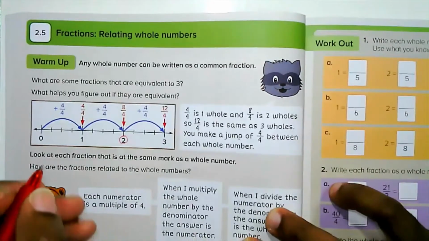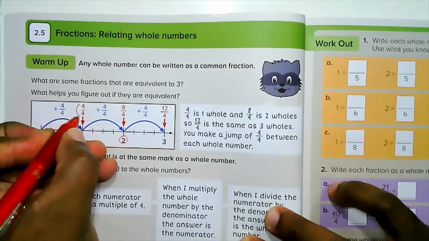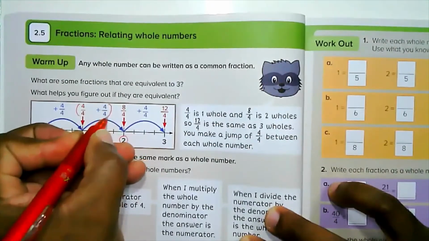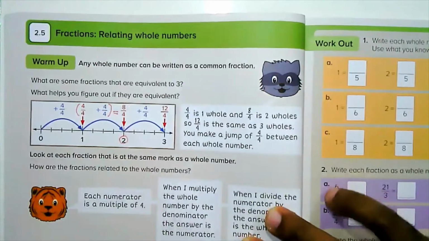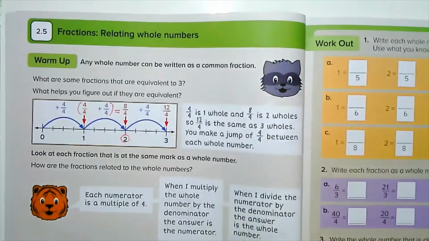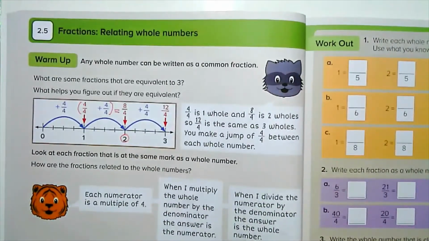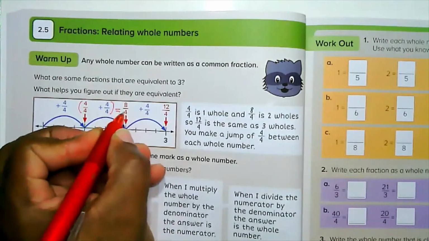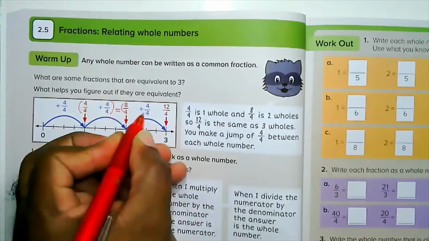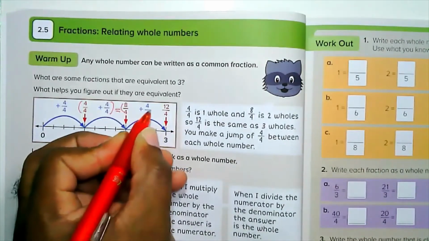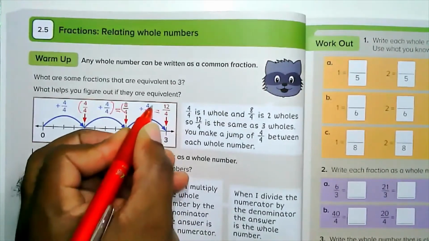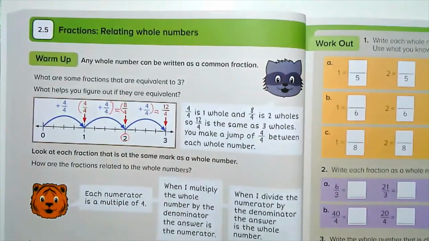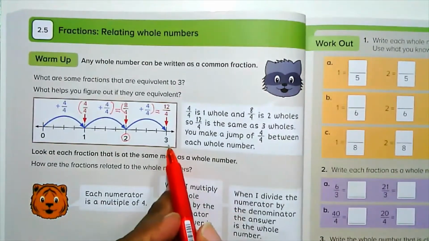And we can look at it in another dimension. 4 fourths plus 4 fourths equals 8 fourths. If we had 4 fourths plus 8 fourths, it will give us 12 fourths, which is 3 whole number.